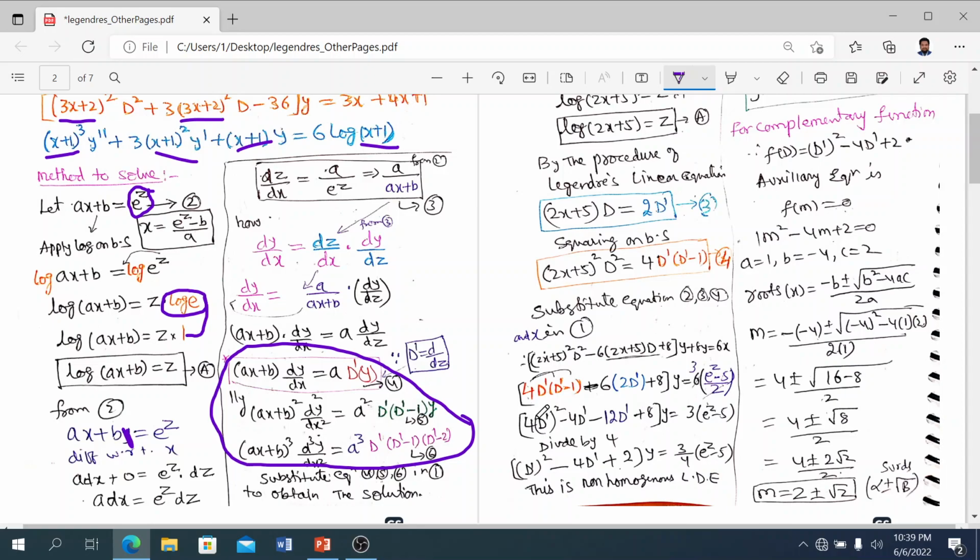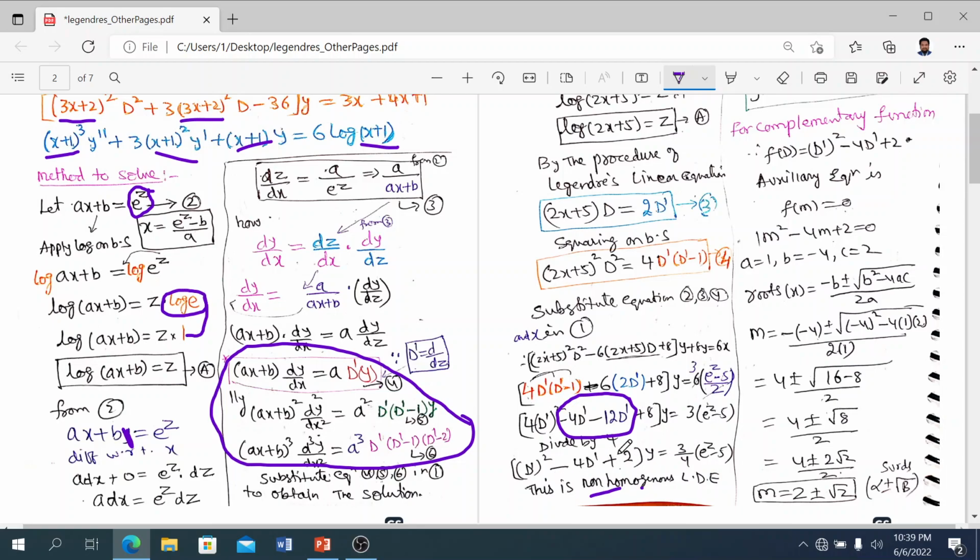Here this will become minus 4 minus 12, minus 16. If we divide by 4, 4 becomes 1, 16 becomes 4, and 8 becomes 2, and here 3 by 4 will be there. So this is nothing but our non-homogeneous linear differential equation.